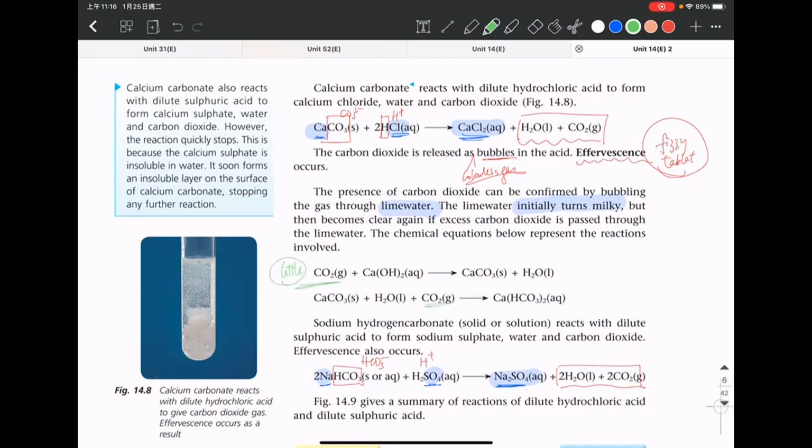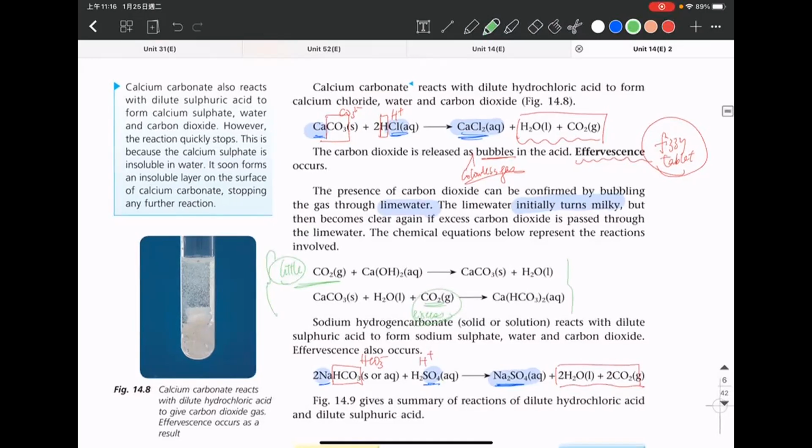But if you have excess carbon dioxide bubbled into it, the milky solution turns colorless again. This is what you have to memorize hard. Please put a star here. It tells you what happens when lime water reacts with carbon dioxide to form something milky. Milky is because of a white water-insoluble salt, white precipitate of calcium carbonate.